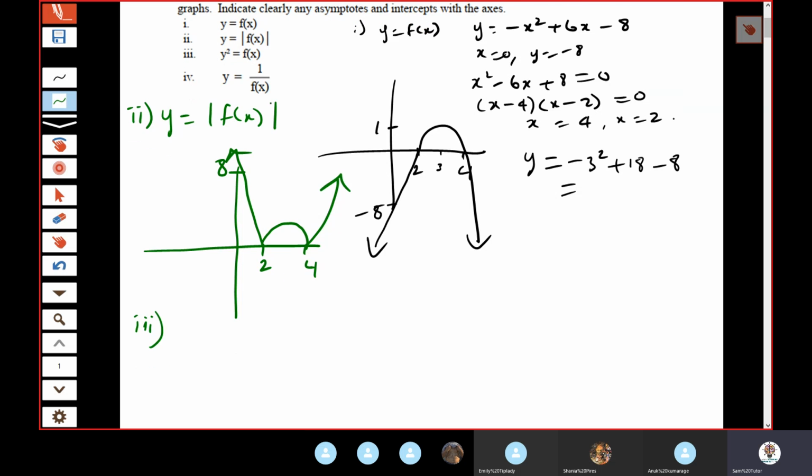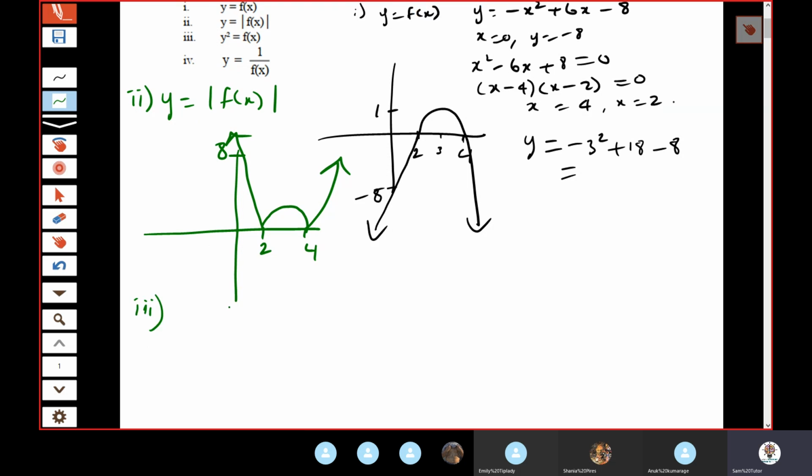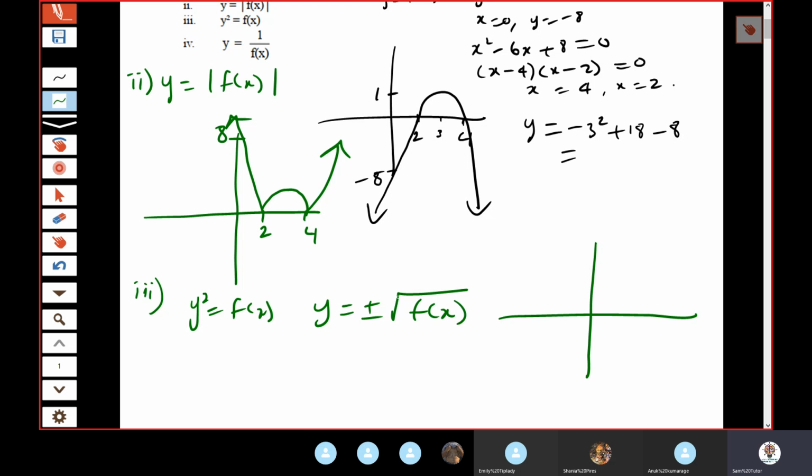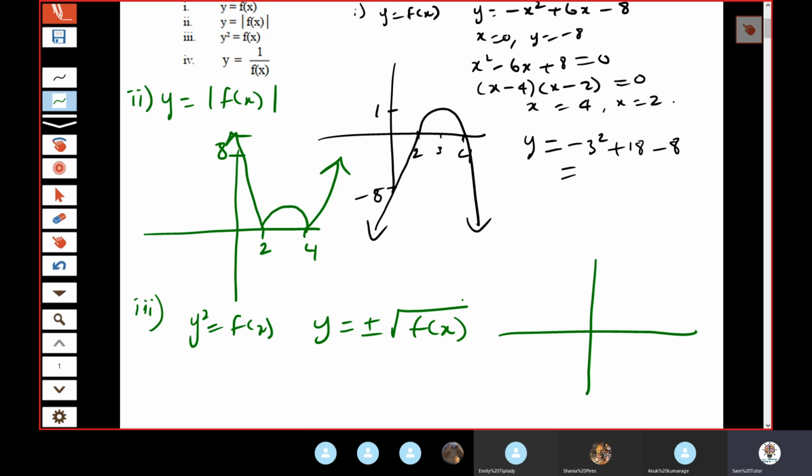Here we go. y squared equals f of x. So in other words, y equals plus or minus the square root of f of x. Okay, what do we do with that one? What would you do with a y squared or with a square root of f of x? What happens to that one? Anyone know?